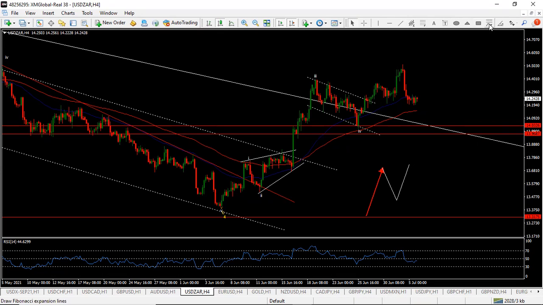And then we have our C. And then out. So it's something like this. So what type of correction is this one?